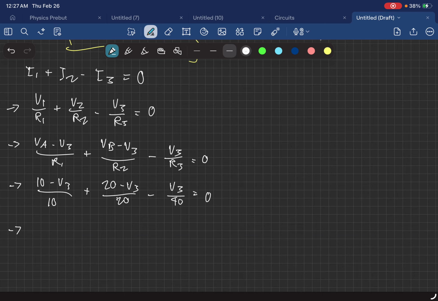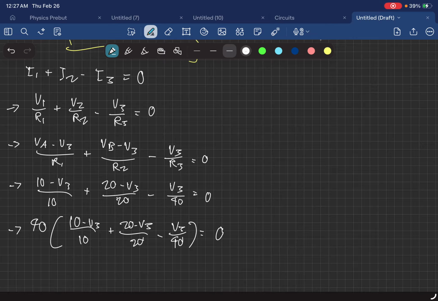Hence, we look here, our biggest denominator is 40. We can multiply the whole equation by 40. V3 over 10 plus 20 minus V3 over 20 minus V3 over 40 is equal to 0, all multiplied by 40.